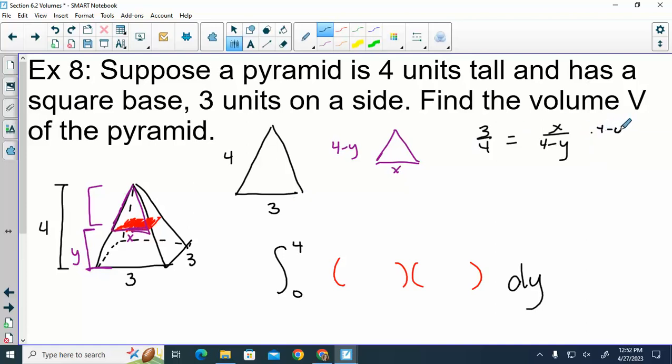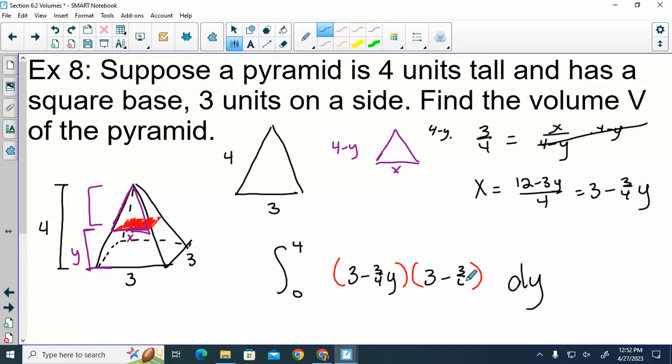So if you multiply over the 4 minus y, x is 12 minus 3y over 4. Or if you reduce that, 3 minus 3/4 y. So we solve for the x.